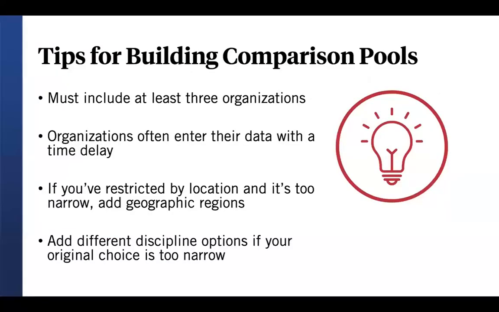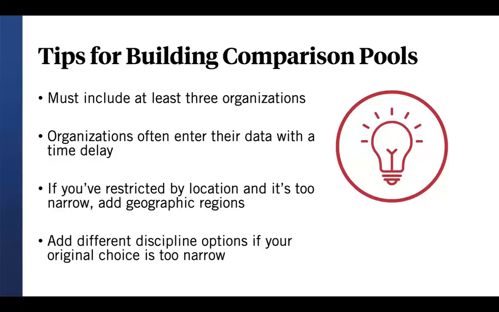Now, here are a few things to think about as you're creating your own customization pools. In order to maintain privacy of organizational data, you must have at least 3 organizations included in the comparison pool to run a report. If you set the selection criteria too narrow, check which year you've selected for the report. Most organizations can't or don't enter their data immediately at the end of their fiscal year.